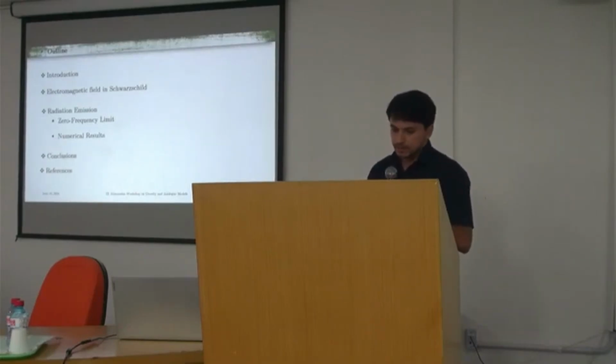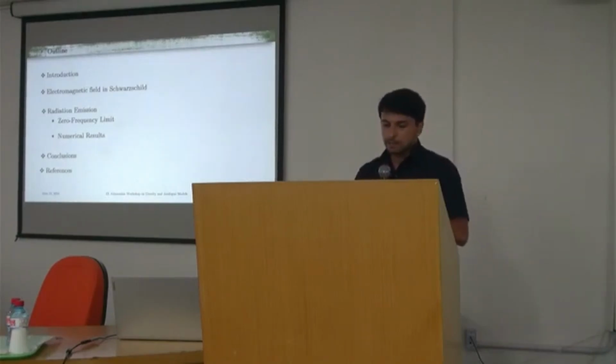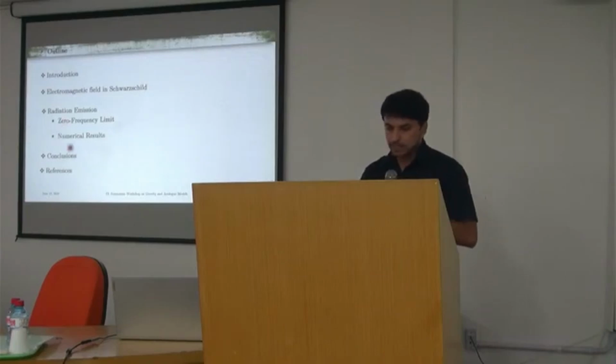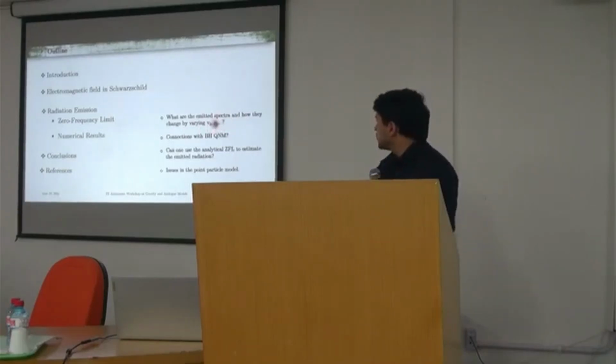We separate our results into two parts. The first part is the analytical part, where we obtain some analytical results in the zero frequency limit, and the second part is the numerical results. With this short presentation, we aim to answer questions such as if the spectra of the emitted charge depends on the initial parameters, that are the initial velocity of the charge and the initial radial position.